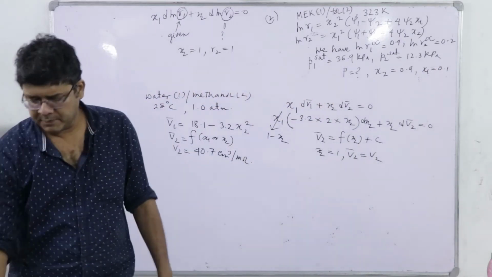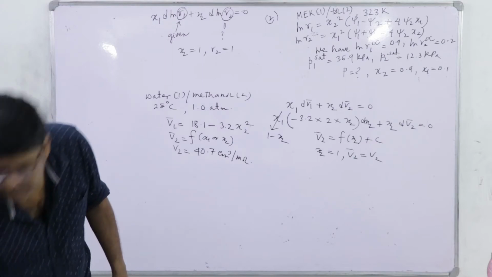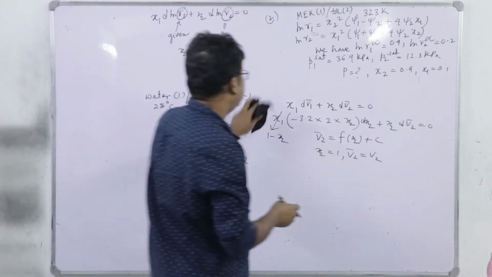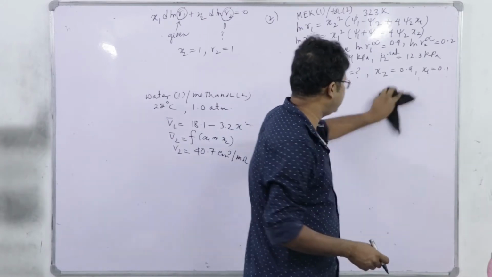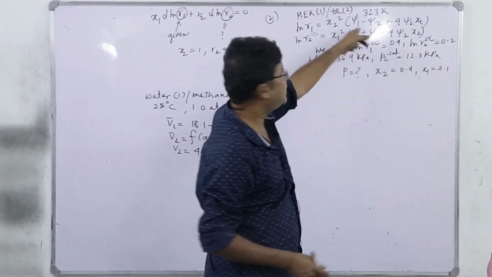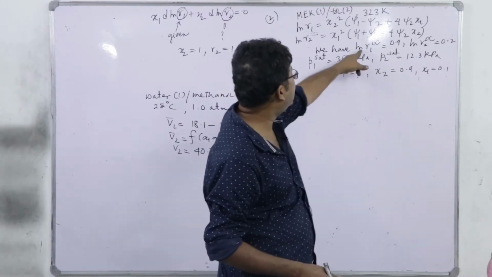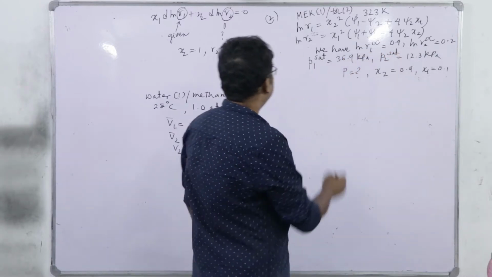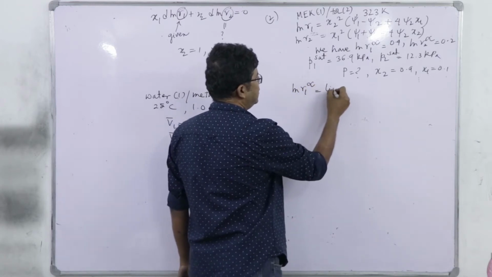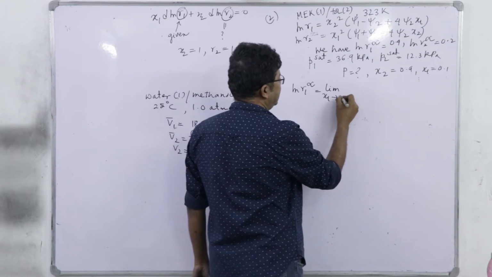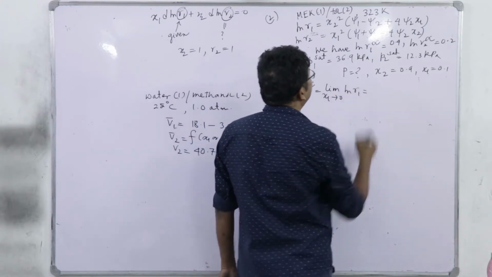So, it is a bubble P problem, and we have to basically solve for gamma 1 and gamma 2 at this specific composition, but we have to know xi 1 and xi 2. For that, we will use these two values. See, ln gamma 1 infinity is equal to limit x1 tending to 0 of ln gamma 1.